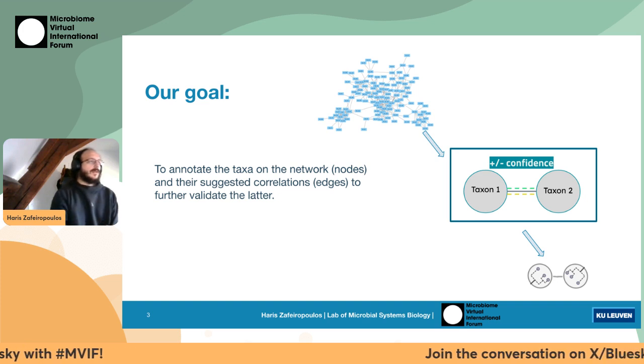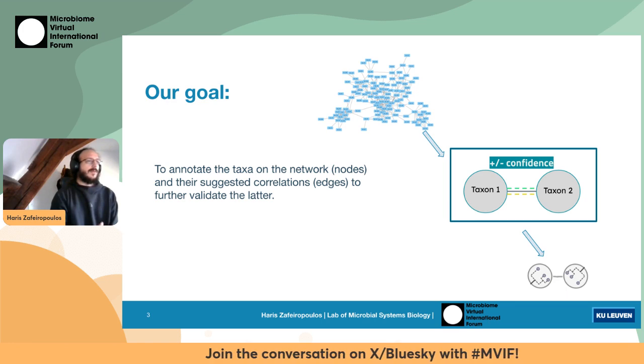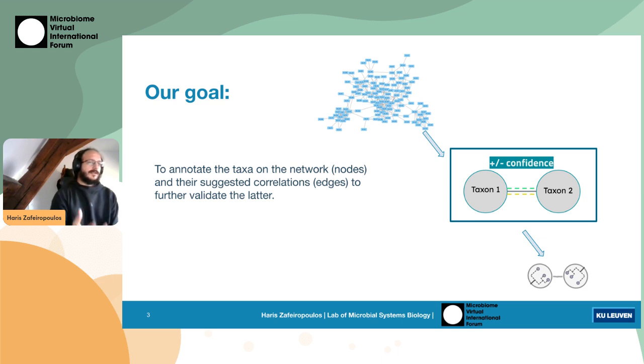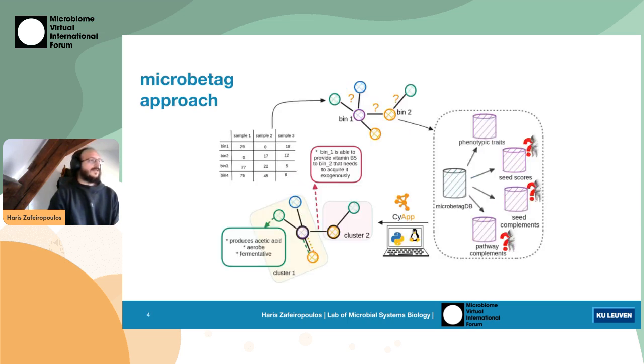And to do that, we thought of implementing data integration techniques and some network clustering methods, along with enrichment depletion analysis. So to do that, it sounds a little bit tricky.